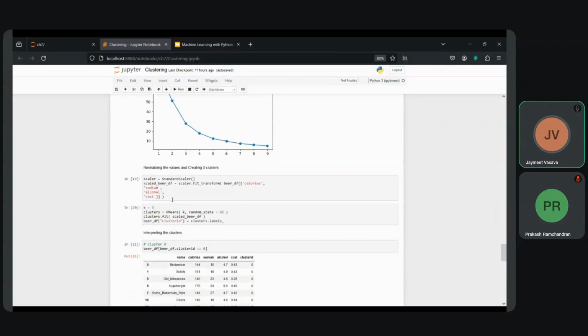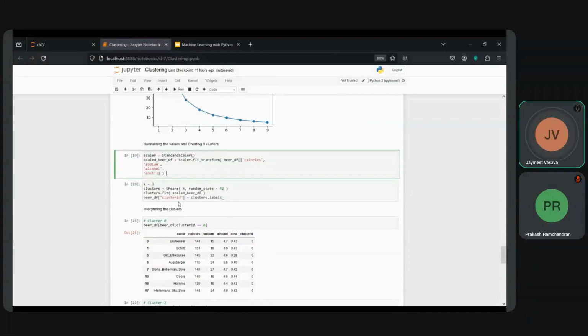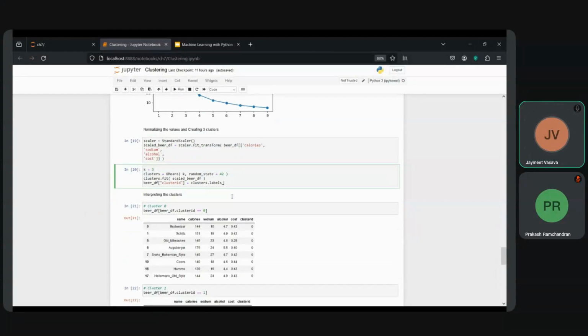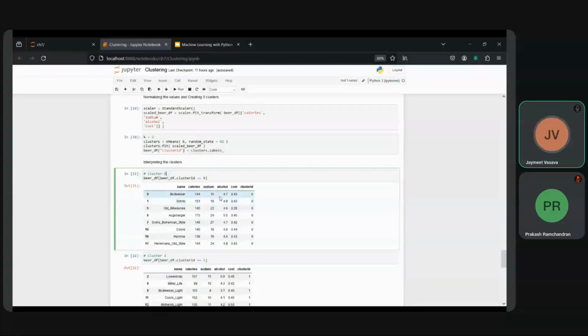For this we normalized the values, and then we used K equal to 3 for the clustering, and created the cluster ID for assigning the labels. When we assign the labels, this is what the cluster ID looks like, starting with 0.